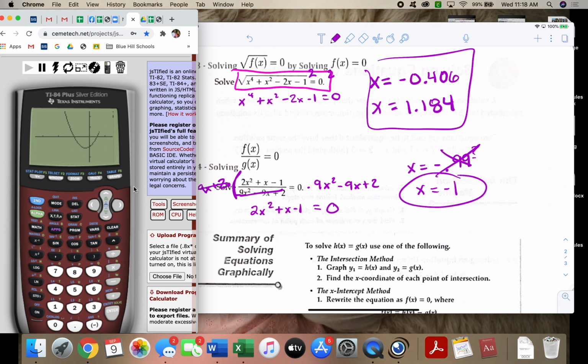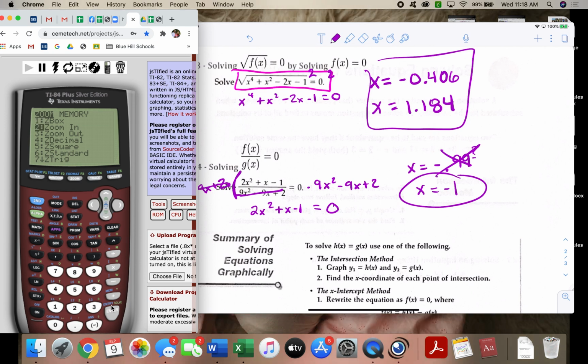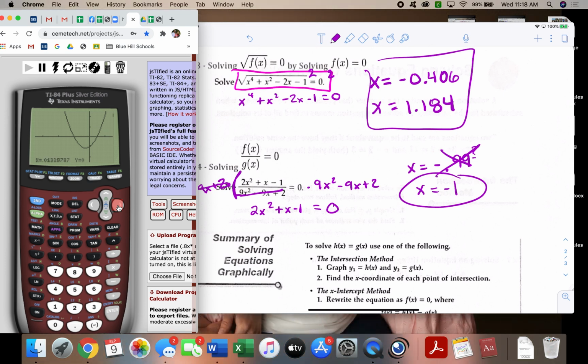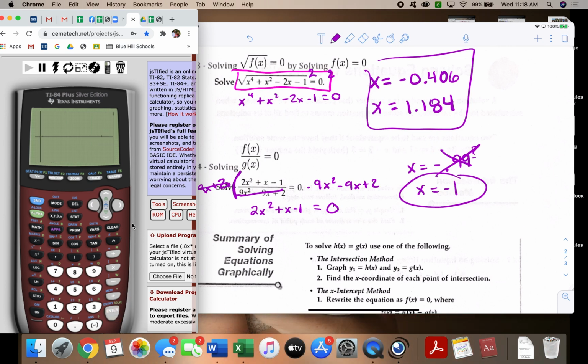Now I'm going to zoom back in, but make sure your crosshair guys are on the right side one now. So he's moving over, moving over. Very fast. Okay, there he is.